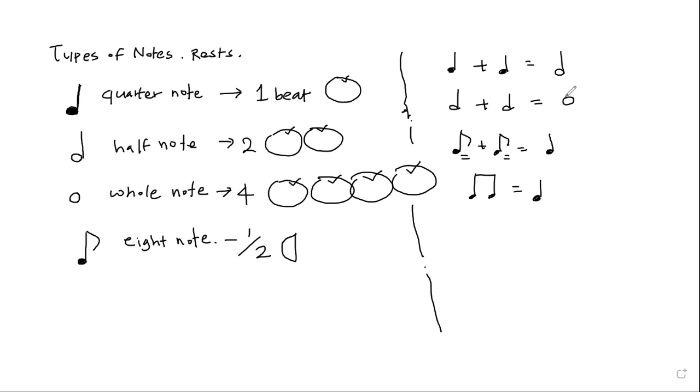So that is like a value, easy math, right? Then let's divide a half note into eighth notes. How many eighth notes? Because a half note is 2 quarters, and 1 quarter is 2 eighths, right? So for a half note, we have 4 eighth notes, like that.